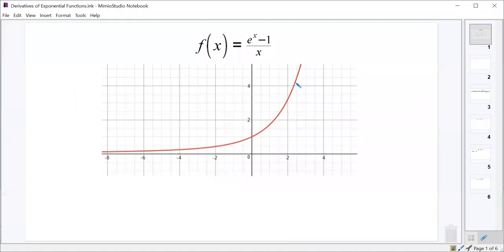So let's take a look at this graph. Everybody sees this graph here, yeah? All right. So we got the limit, e to the x minus 1 over x. And I want to ask you a question about this real quick. What does it appear that the limit as x approaches 0 of this function is?